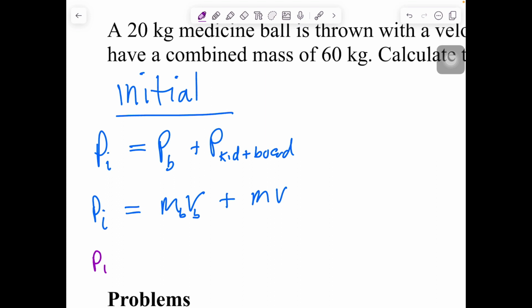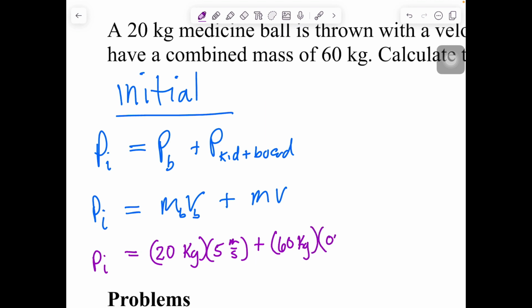So my initial momentum is going to be my 20 kilogram medicine ball times the velocity of that medicine ball, 5 meters per second, plus the mass of the kids sitting on the board, that was 60 kilograms, but the velocity was 0.